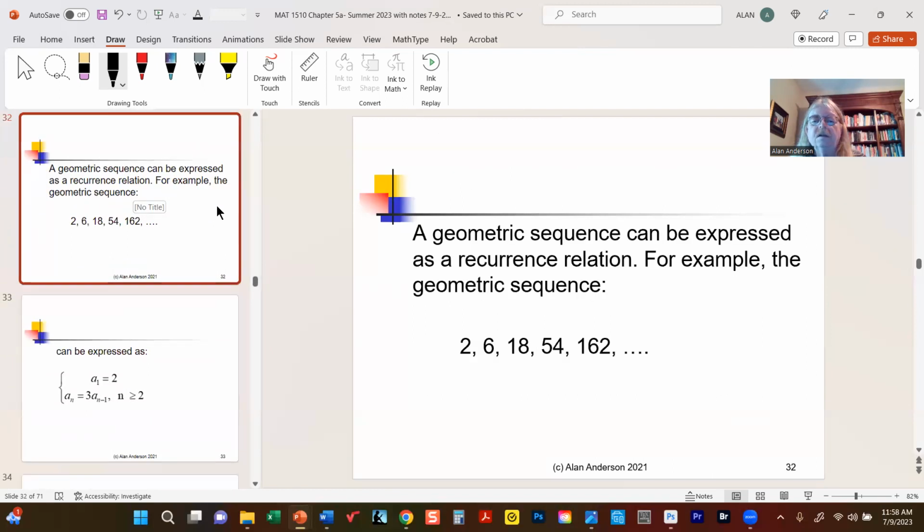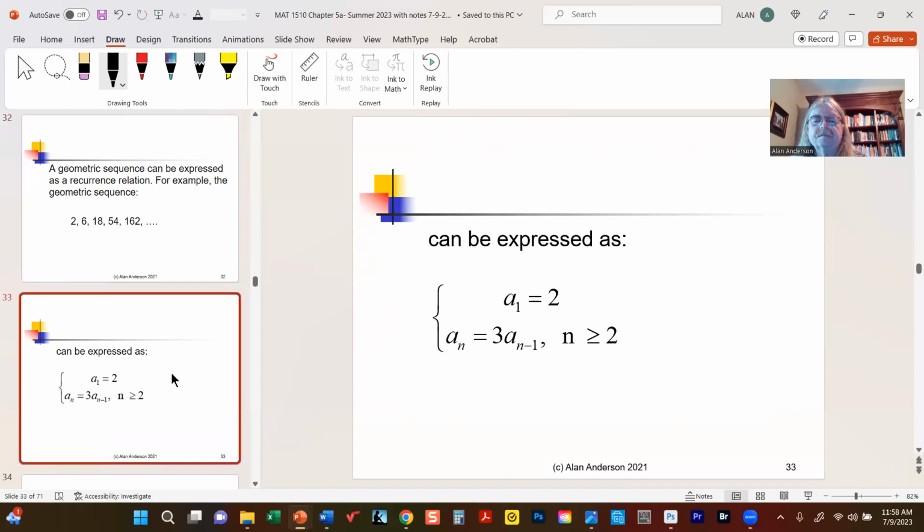Now this one, we can write it as a recurrence relationship as follows. And it'll be very similar to what we did before. All right, so remember, it was 2, 6, 18, 54, 162.